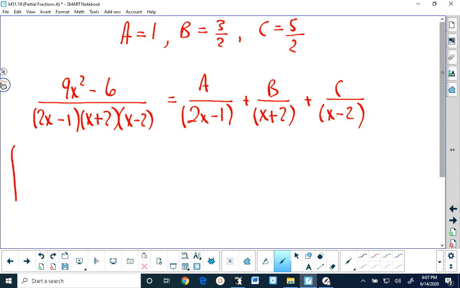Well, the integral we were trying to find was the integral of (9x² − 6) over (2x − 1)(x + 2)(x − 2) dx.